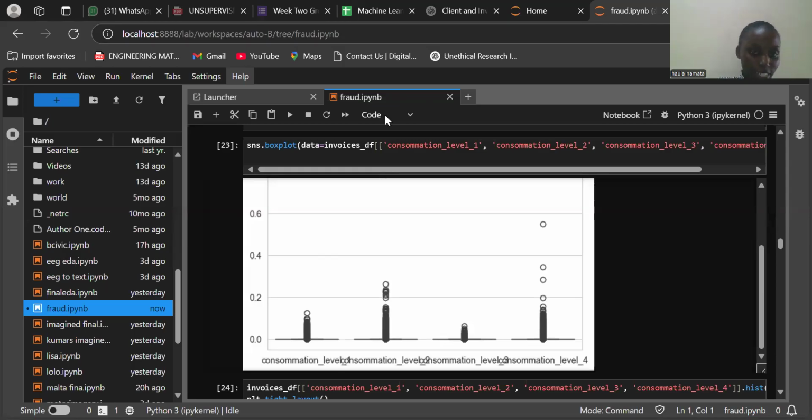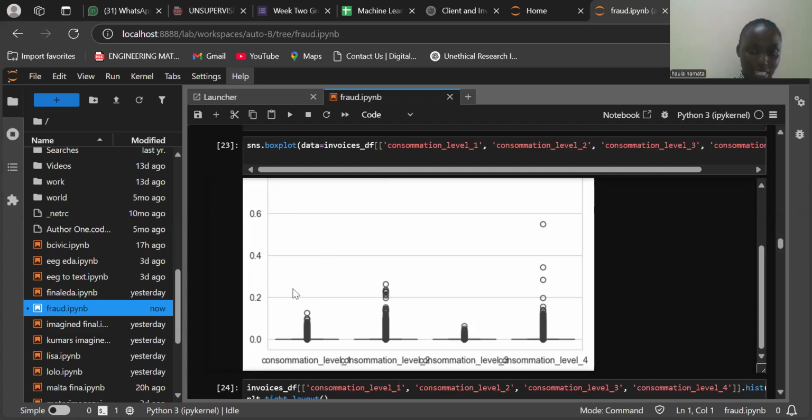For level 1, we show that it has a low median and a small interquartile range. This implies a small level of consumption, but level 2 has a slightly higher median and a higher interquartile range, so it indicates a higher level of consumption than level 1.